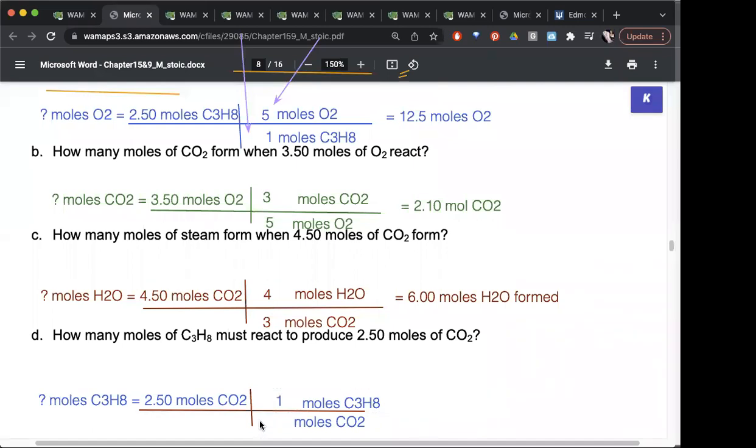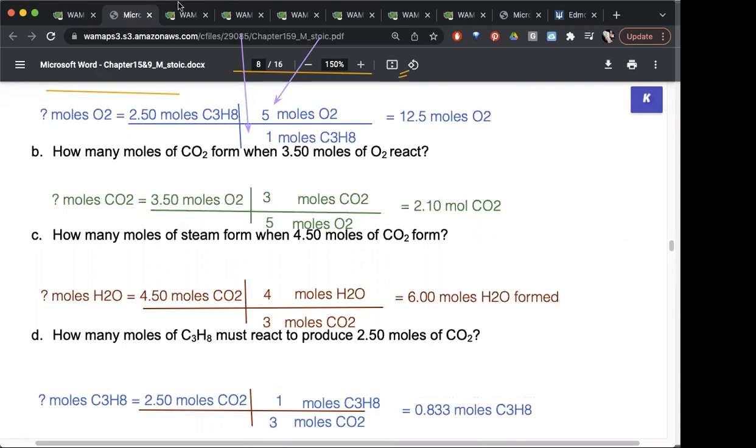So 1 mole of propane will produce 3 moles of CO2. Or 0.83333 repeating moles of propane. I think I may have just said that incorrectly a minute ago.